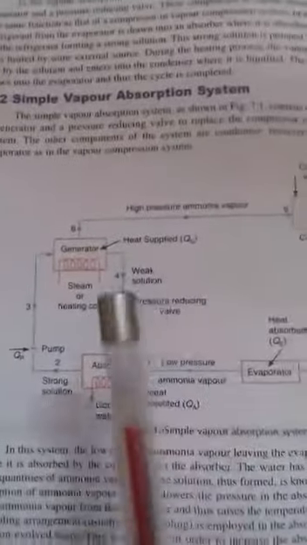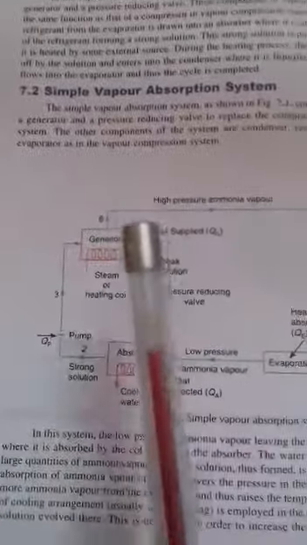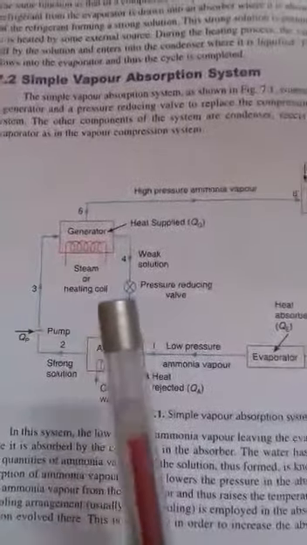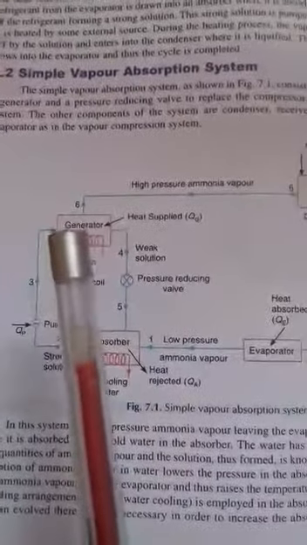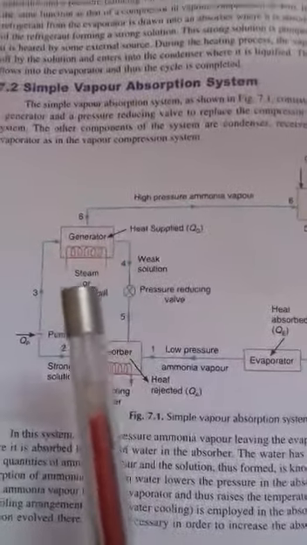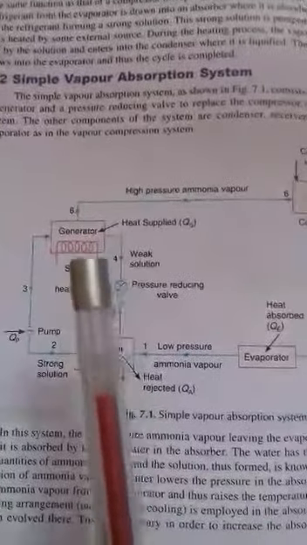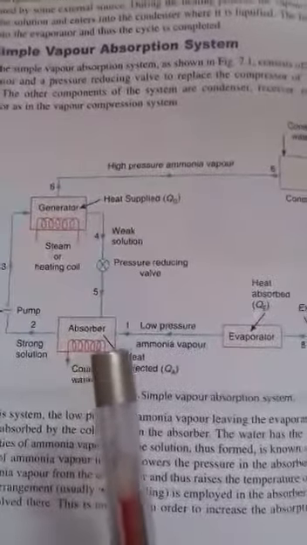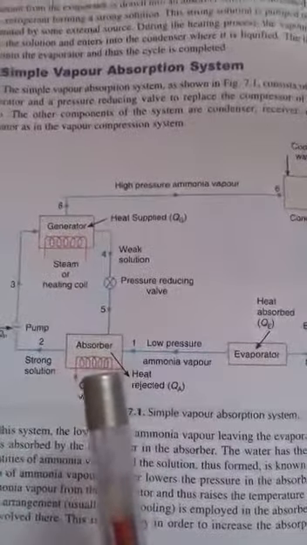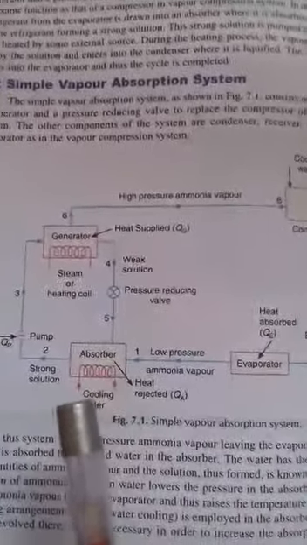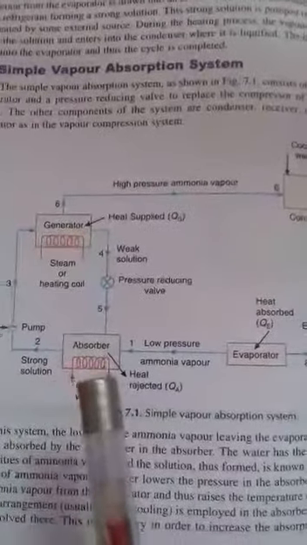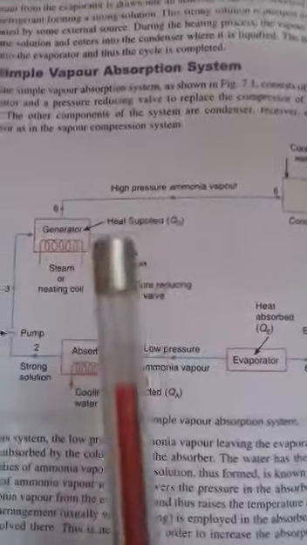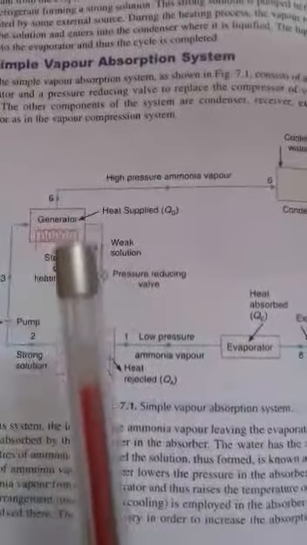Here you see, this is the part that replaces the compressor, in which the generator is there, then the pressure reducing valve through which the weak solution is coming to the absorber. Then a cooling water arrangement is there with the absorber, and a heating arrangement is there in the generator.